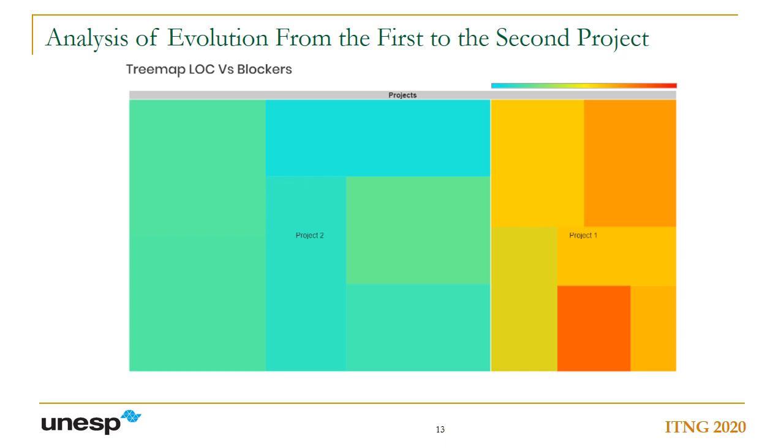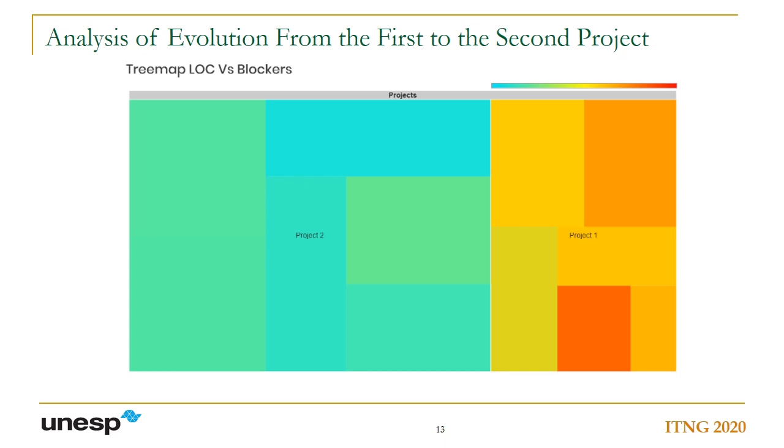Another hypothesis states that there are fewer blocker security violations in the second project compared to the first project, even if the second project has a larger line of code number. This treemap is presented to show the number of lines of code as the size of the rectangles, and the color follows that color scale to show the number of blocker violations.